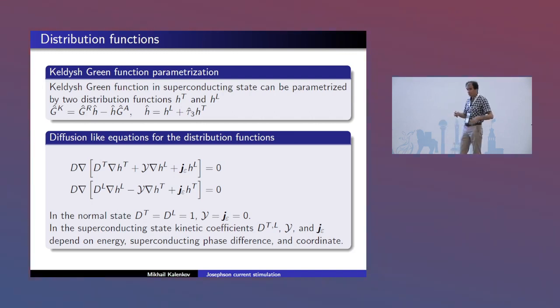They strongly depend on energy and phase difference in the superconducting state due to the proximity effect. In the normal wires, they depend on the energy and phase. And G is the spectral current. In the normal state, without superconductivity, DT and DL simply equal unity, and the coefficient Y and the spectral current equal 0.